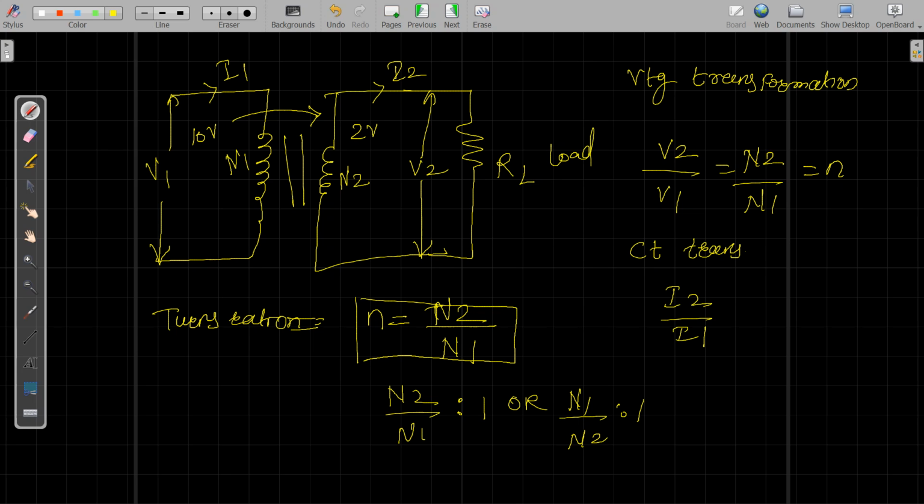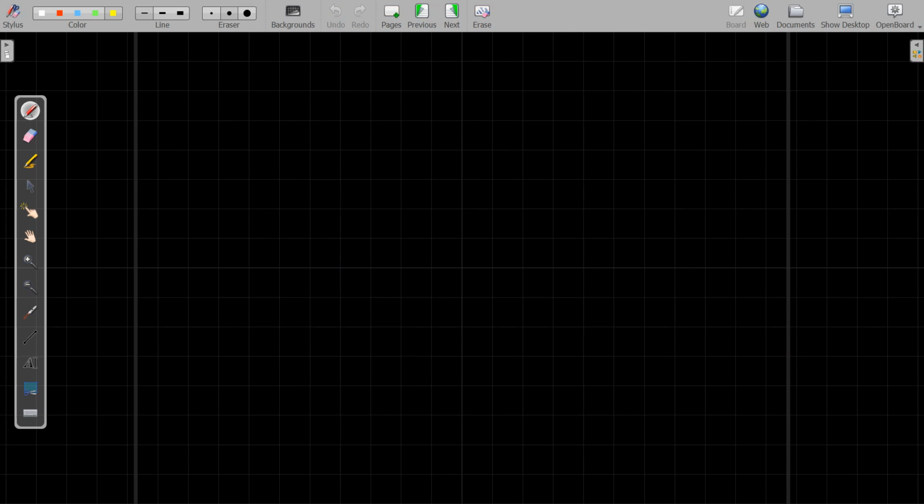What it means is, for voltage we have V2 by V1, secondary by primary, whereas here it is inverse: secondary current divided by primary current is primary winding divided by secondary winding, which is 1 by n. So this is your voltage transformation, this is your current transformation, and now we can have the impedance transformation. What is that impedance transformation?